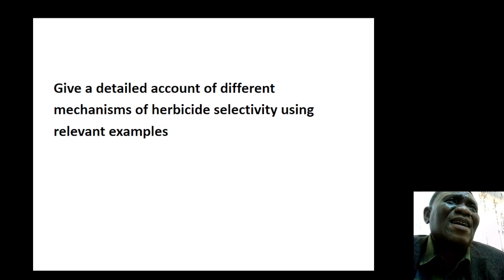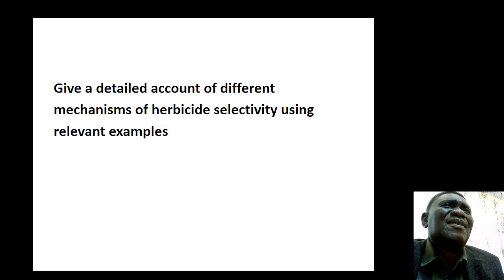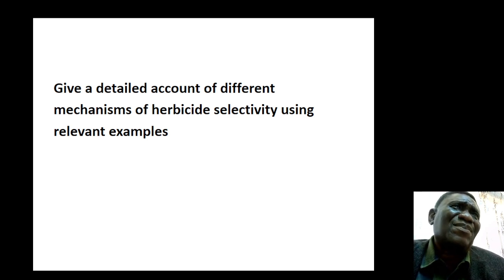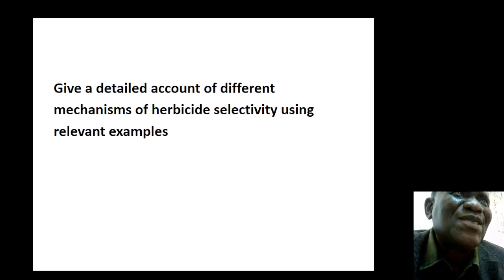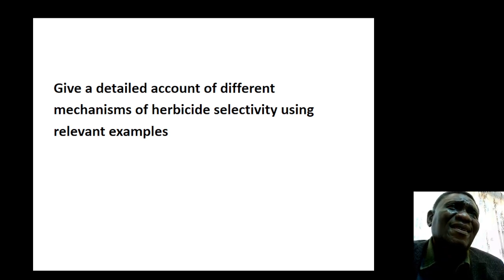Give a detailed account of different mechanisms of herbicide selectivity using relevant examples. But I think this question was too broad because it covered a lot of ground. It was not very specific. So this is it.